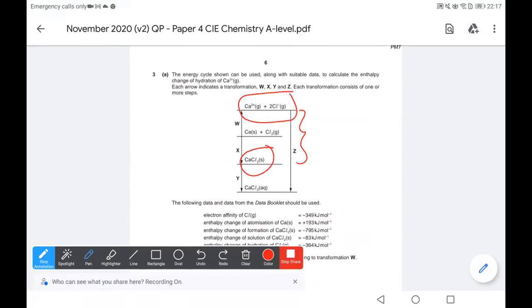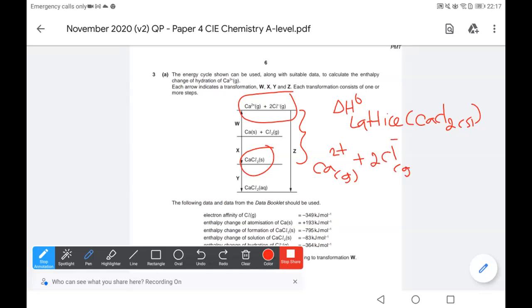This is the lattice energy. Delta H naught, lattice energy of calcium chloride solid: calcium 2 plus gaseous plus 2 Cl minus gaseous forms calcium chloride solid. This is lattice energy, so it is equal to Z.